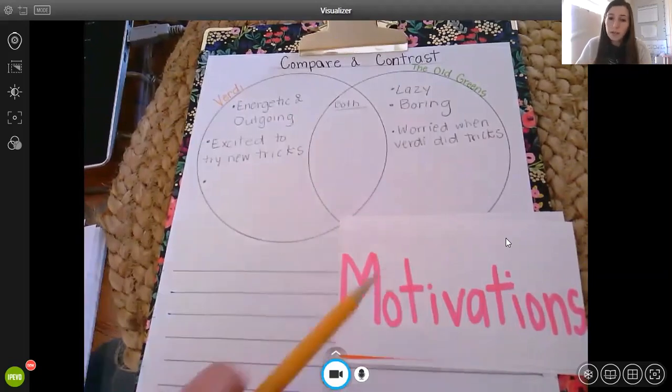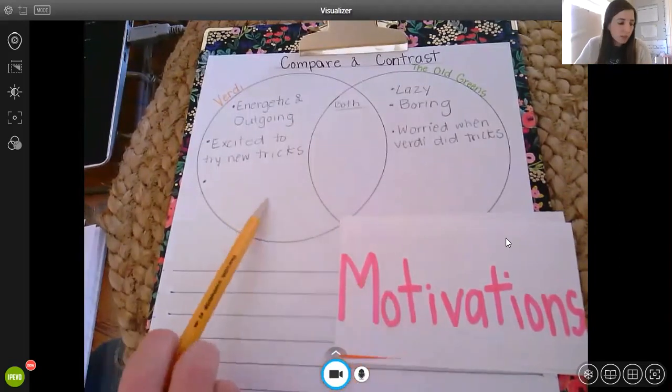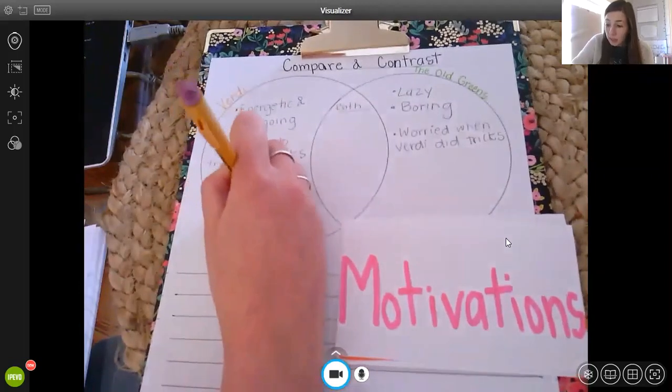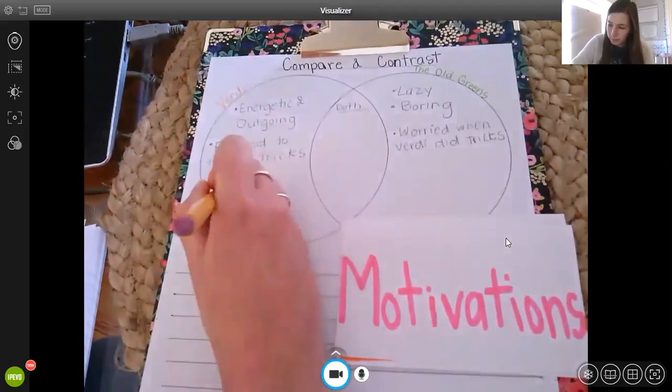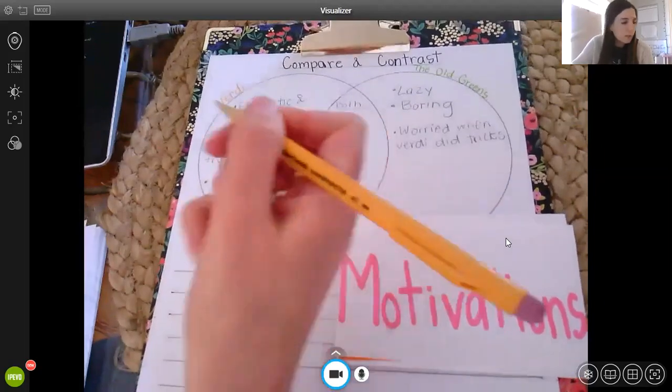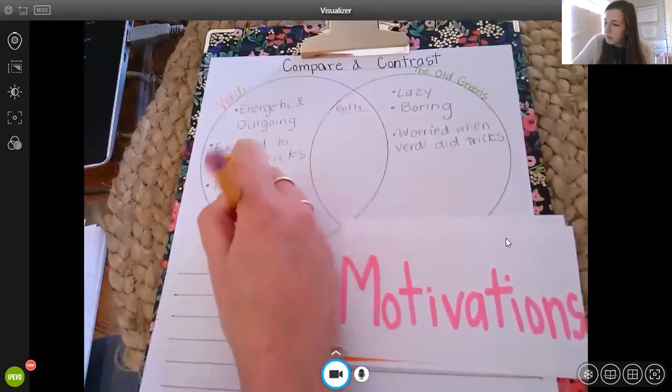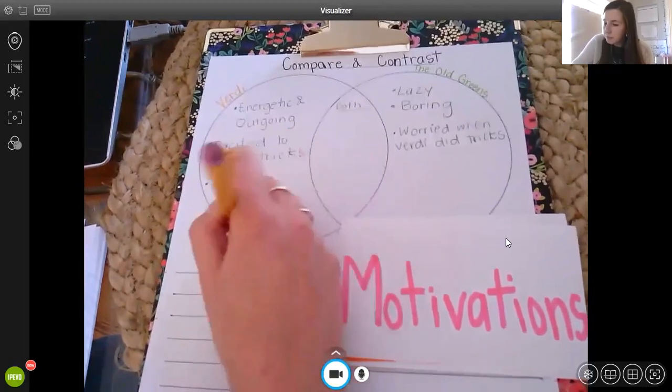So for Verdi's motivation, I'm going to include on my Venn diagram that he remains true to himself. It's kind of like the theme of the story as well. He remains true to self even as he grows up.